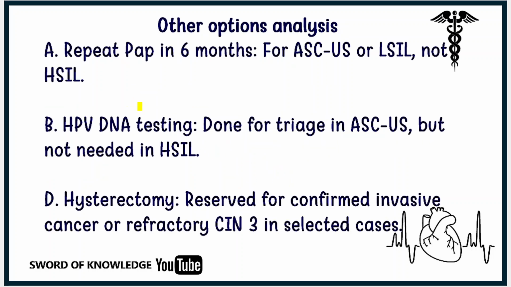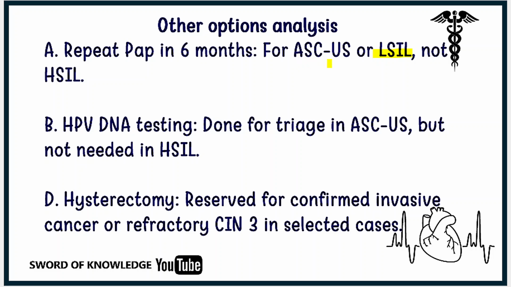Our option Alpha was repeat pap smear in 6 months. I told you that in the pap smear, if the patient has a normal result, it's very good. If the patient has a problem, not severe but a minor problem, then we see LSIL. LSIL is low-grade squamous intraepithelial lesion, and it has another name, quite complicated, right?